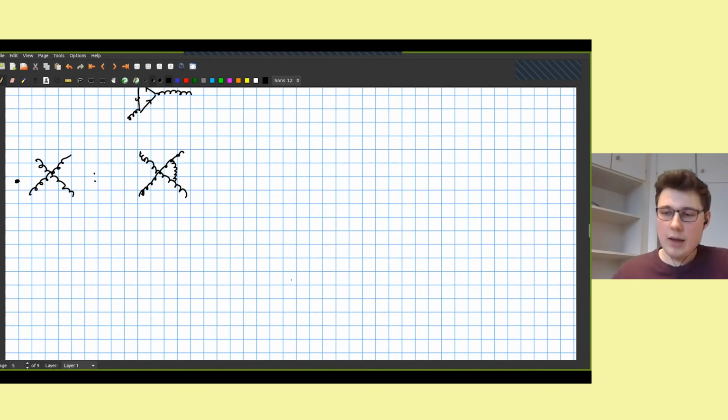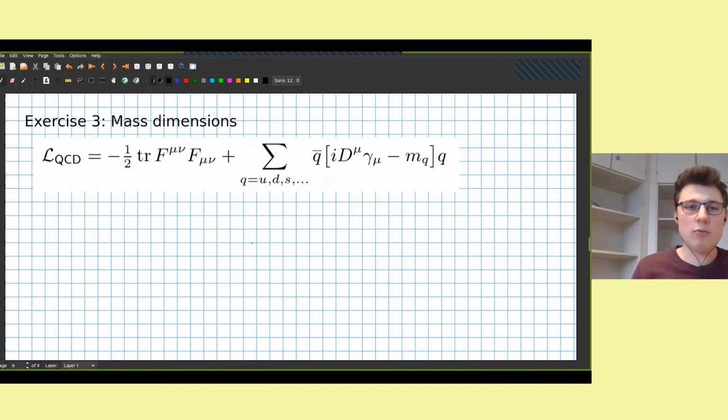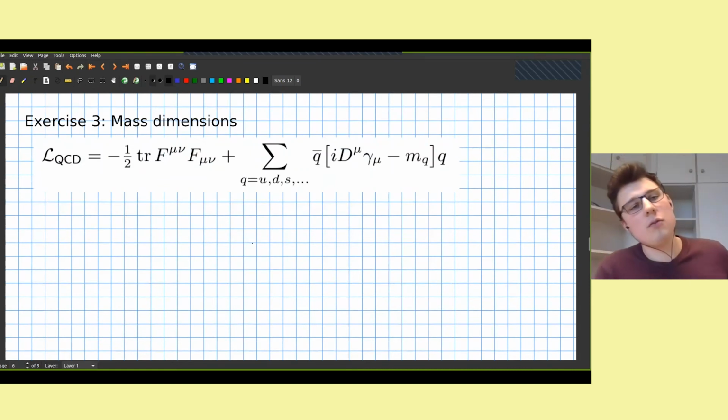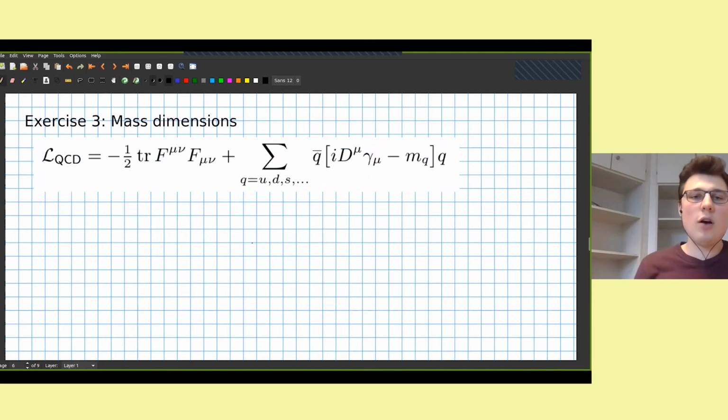Then let's end this class with exercise number 3. Exercise number 3 was about mass dimensions of the QCD Lagrangian and determining the mass dimensions of fields and also of the generalized coupling.